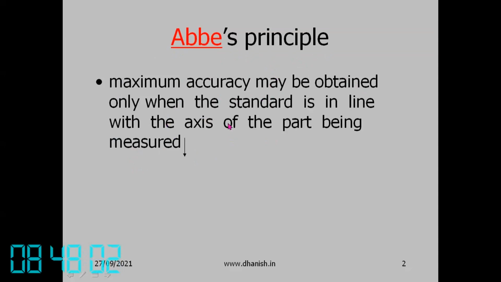So the maximum accuracy can be obtained only if the standard is in line with the axis of the part. It should be coaxial. So this is called Abbe's principle.